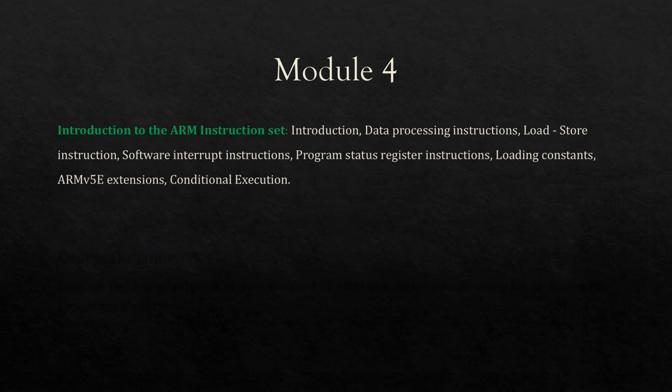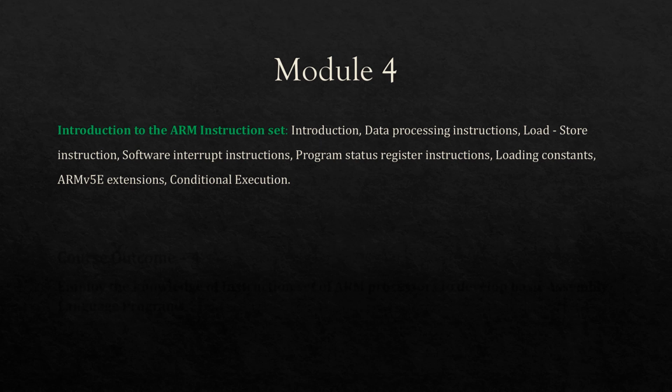Next, in Module 4, we will be discussing the introduction to the ARM instruction set. What are the different types of data processing instructions? What are load and store instructions? What are the software interrupt instructions?